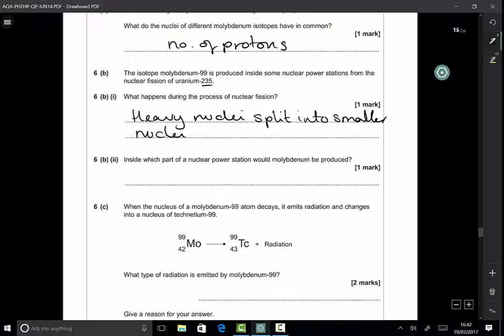It's also important that you're using nucleus or nuclei, not talking about atoms. Inside which part of a nuclear power station would the molybdenum be produced? That would be in the reactor, not the staff toilets.